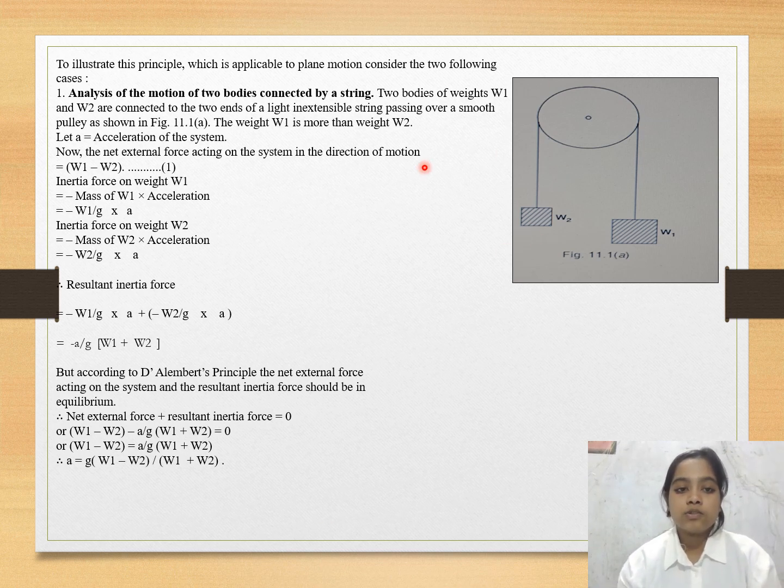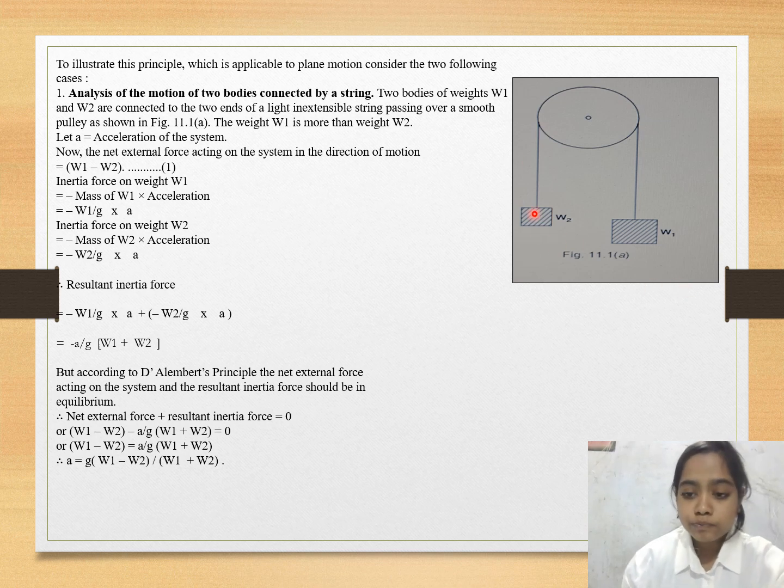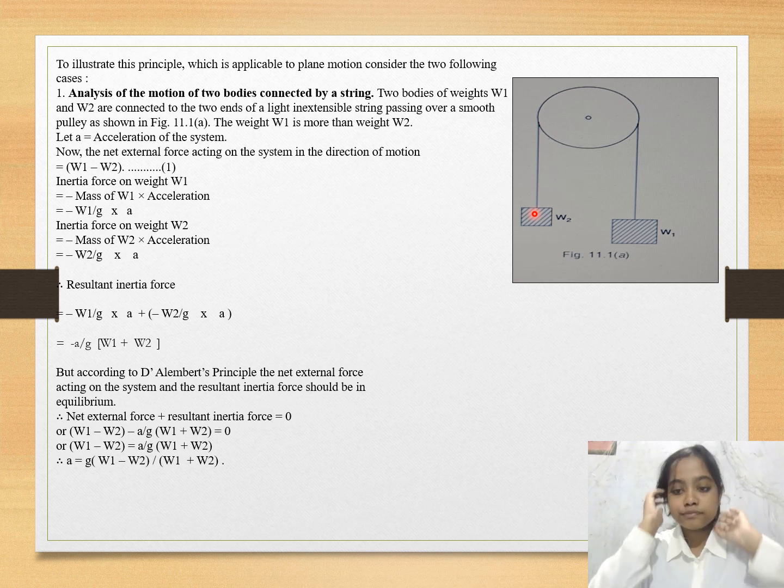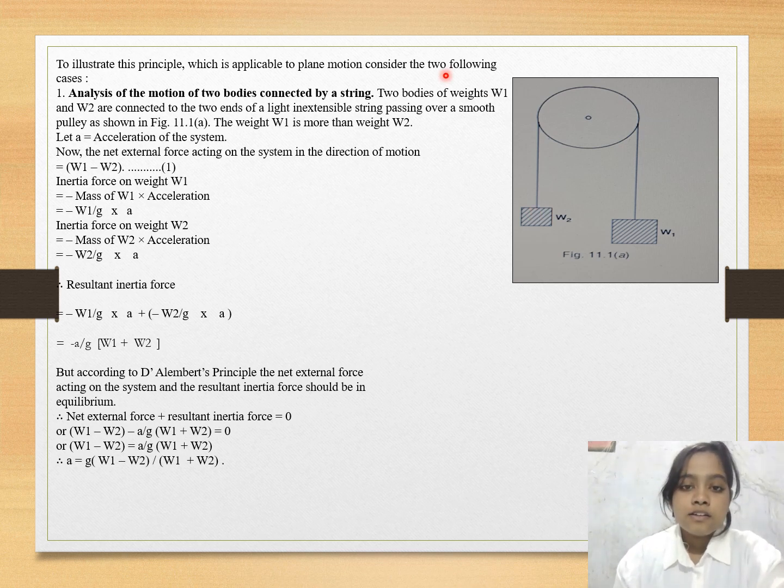So we have this example, which is the analysis of the motion of two bodies connected by a string. You can see the string and two bodies here. Let me explain. Two bodies of weights W1 and W2 are connected to the ends of a light inextensible string passing over a smooth pulley.